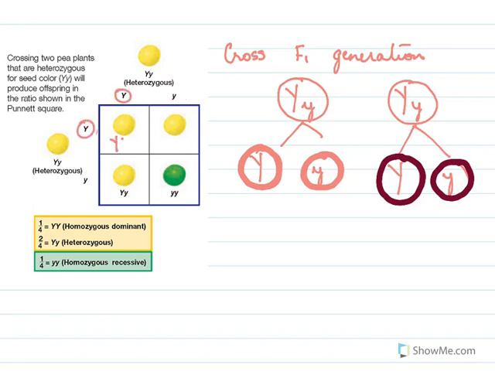In the first case, you take this Y with this Y, you get Y, Y which is yellow. Then you take this Y with this Y and you get Y and small y, which is also again yellow. Then you take this Y with this Y and here you get Y and small y. And you get this small y and this small y here. And that will be green.